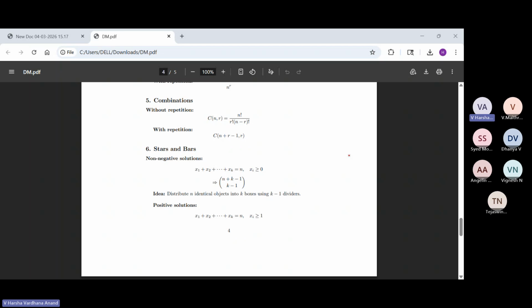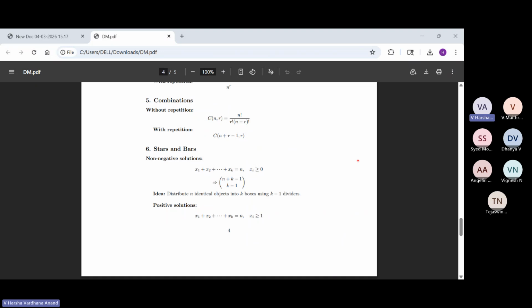That is the question. So the solution for that: n is the number of objects, n equal to 5 here, and k is the number of variables, k equal to 3. So distribute n objects into k boxes using k minus 1 dividers.